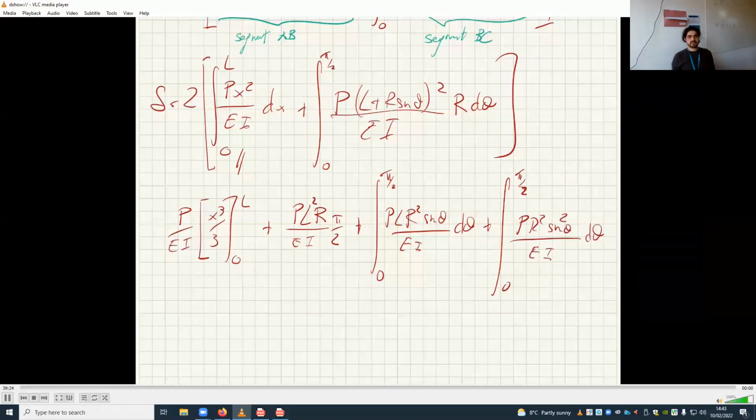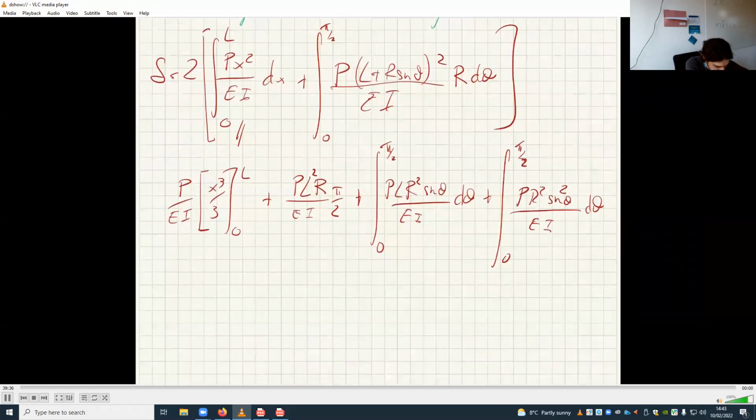Okay. Now this one is simple because the integral of sine is minus cosine. And minus cosine of 0 is minus cosine. Okay, well, let's do this anyway.